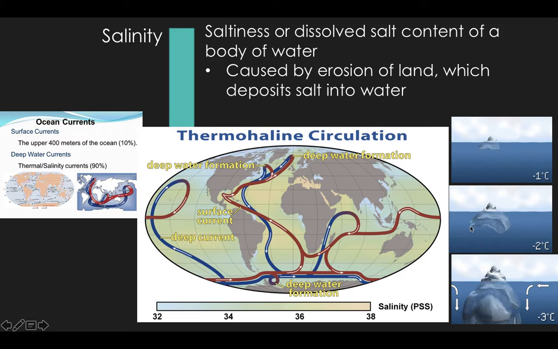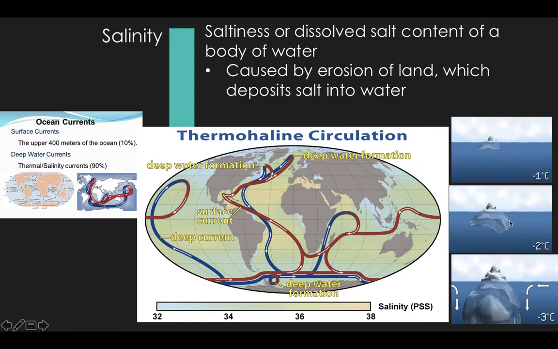Okay, so here you can see we have our warm water. It's traveling up towards the poles. Once it gets towards the poles, it's a lot colder because there's less direct sunlight. So as a result, ice forms. Ice, we know, is not salty.